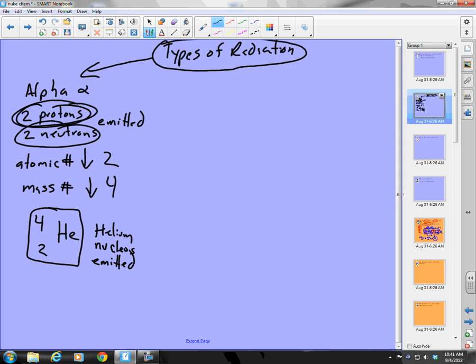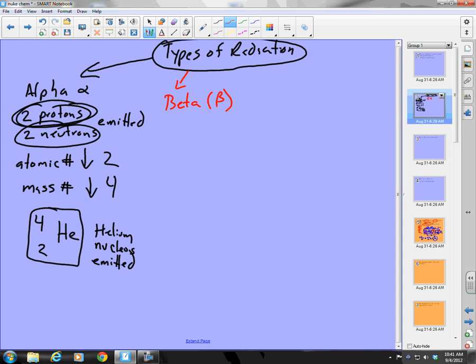Let's take a look at a second type of radiation, and I'm going to change colors now. How about red? And we're going to go with something called beta. Beta radiation, sometimes it uses that symbol. Now, what happens in beta radiation? Well, it's not anything really like alpha radiation.